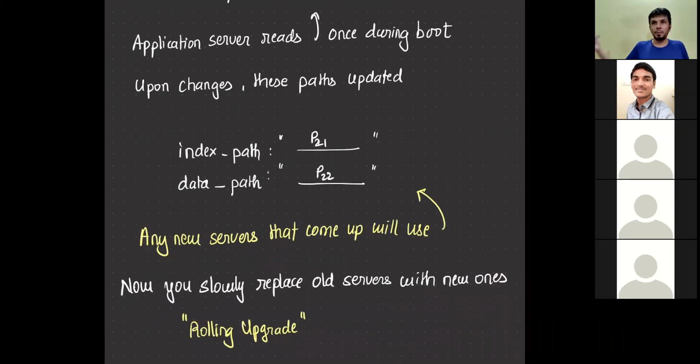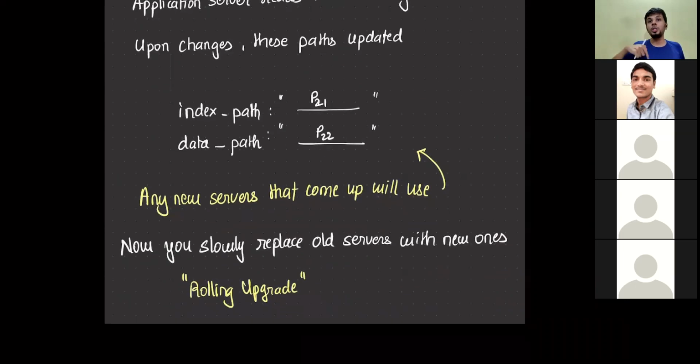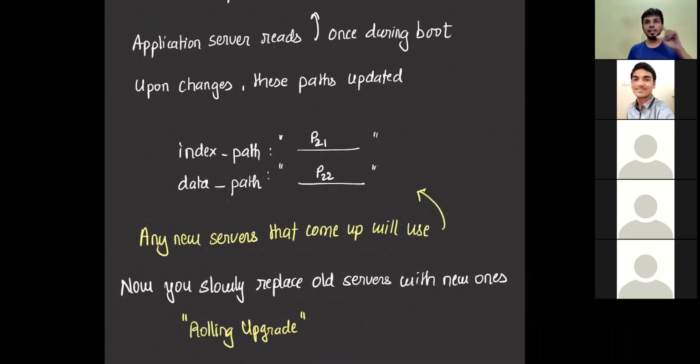Let's say your weekly job ran, and these paths got updated to P21 and P22. New servers that come up get this update from that same meta file. The meta file is at the same path, like the /meta.json file. So every server that boots up hits this meta.json file, loads the index file and the data path from S3, and then uses it to query.